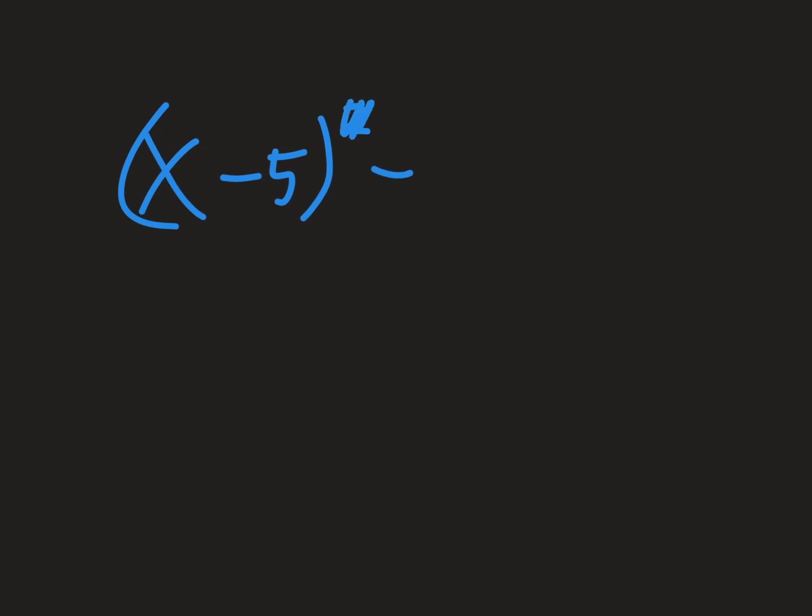Sorry. Equals negative 25. And I am sorry, I was actually right. It is squared. I thought I was going to do something different, but I'm just going to square that. Okay, there. Got the problem right. X minus 5 quantity squared equals negative 25.